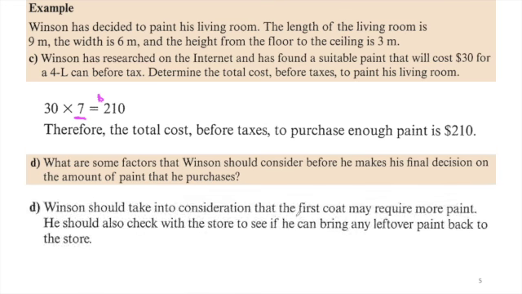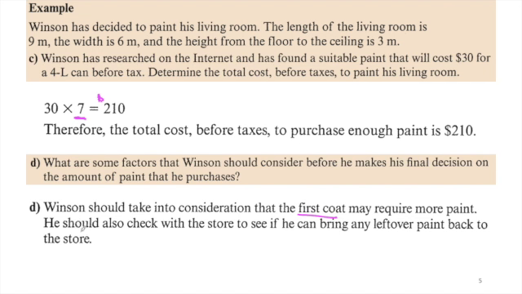So the first coat may require more paint. I know I just painted a room, and the part of the one wall that I was painting was super super dark, and so we definitely took more coats of paint. So you just may have to consider that first coat may require more paint, and also check at the store if he can bring any of the leftover paint back, because he technically only needs 6.